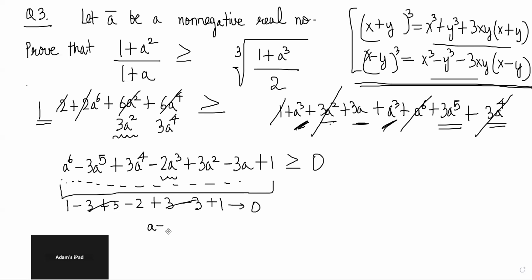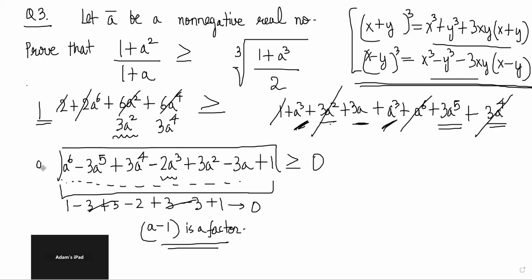This tells us that a minus 1 is a factor. If a minus 1 is a factor, I can divide this by a minus 1 and I will get a fifth degree thing. So I can write it as a minus 1 and a power 5 and stuff.